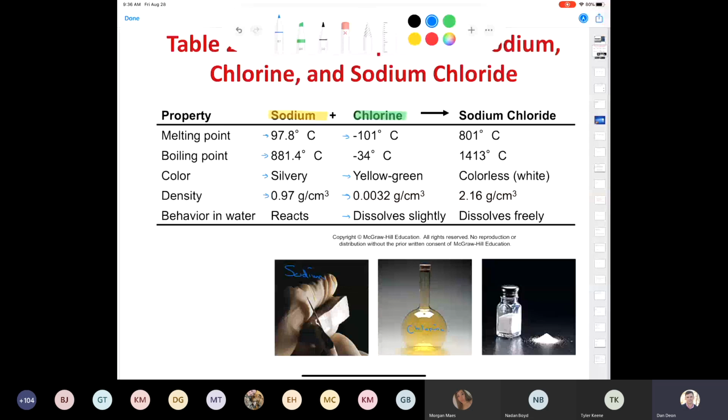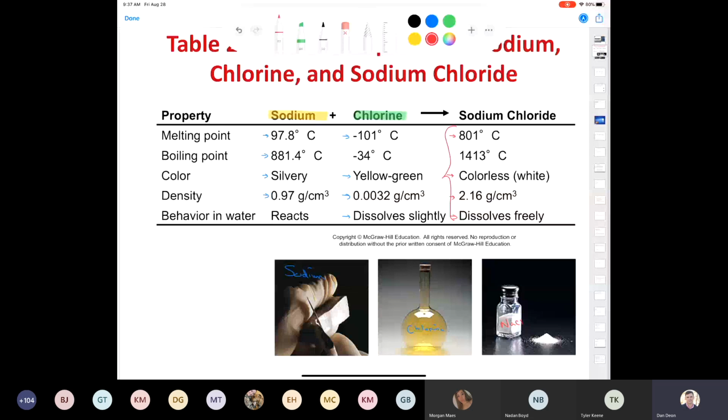What else? You can see it looks very different, right? It's a white solid. This is the formula for sodium chloride. It has a very different density, and it dissolves freely in water. So we've made an ionic compound, and its properties are very different than those of the elements from which it is made.